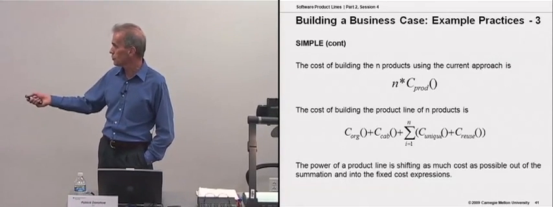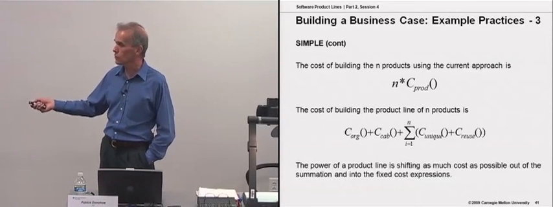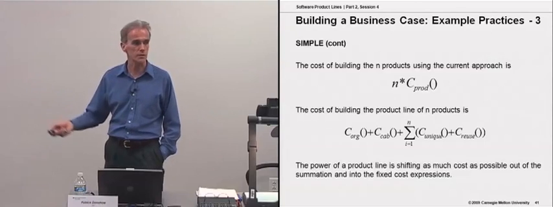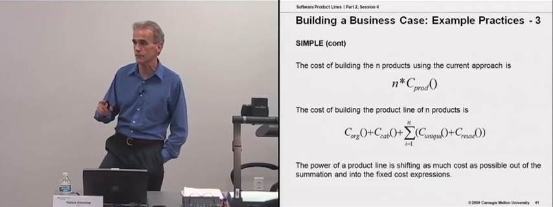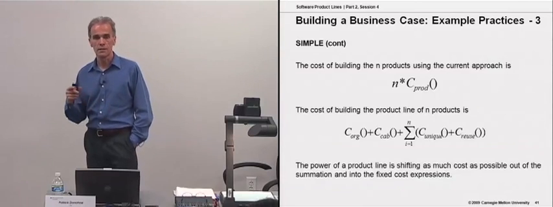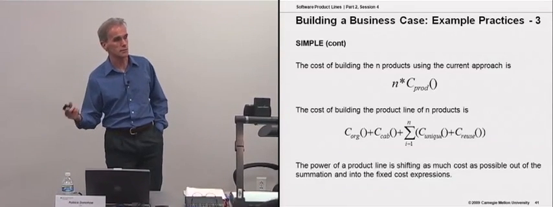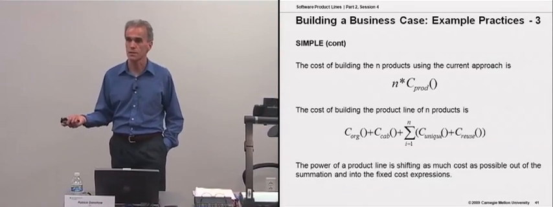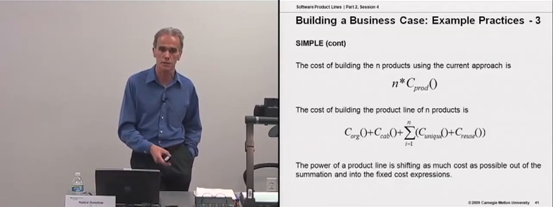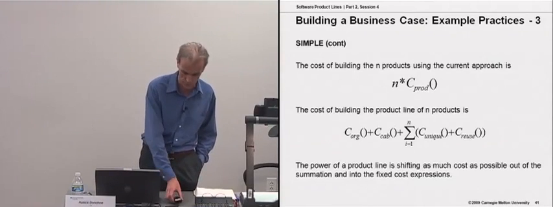But you will have to look carefully at the numbers coming out of this model and decide, first of all, if what went into the model is realistic enough to produce answers that will give you an indication of a business justification or not for a product line.